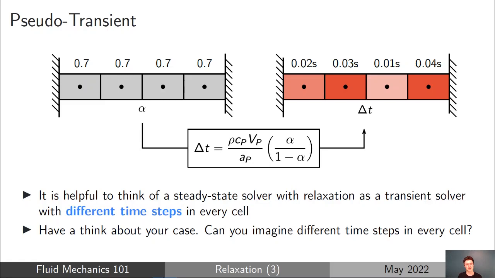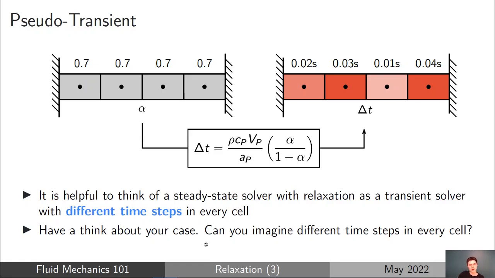And it also means that those in-between solutions, so if you save your steady state solution before it's converged at the end, because the cells have advanced at different rates towards the final solution, that intermediate solution is not physically valid. So there are some very interesting points which you can deduce from this pseudo-transient. And I also encourage you just to have a think about your case.